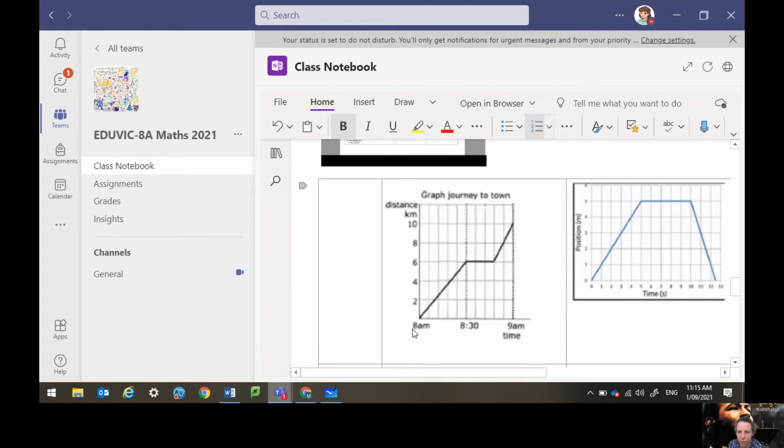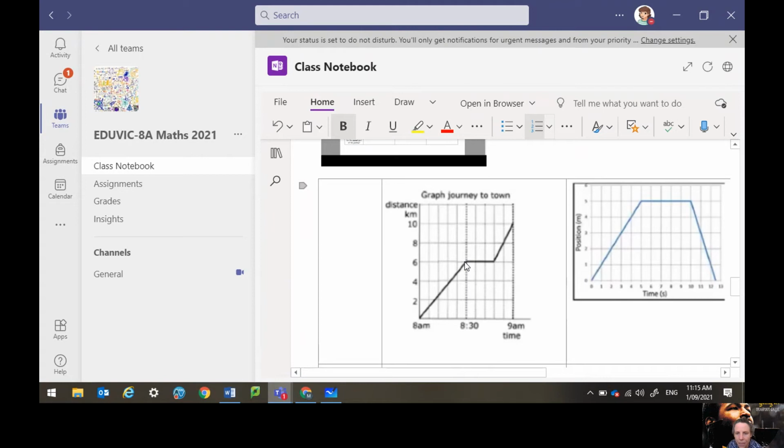The graph is titled journey to town. So this person is traveling to town, from their house, I assume. From 8 a.m. until 8:30, they travel 6 kilometers. I've tracked up to find the coordinate points. That is 8:30 in the morning and 6 kilometers.